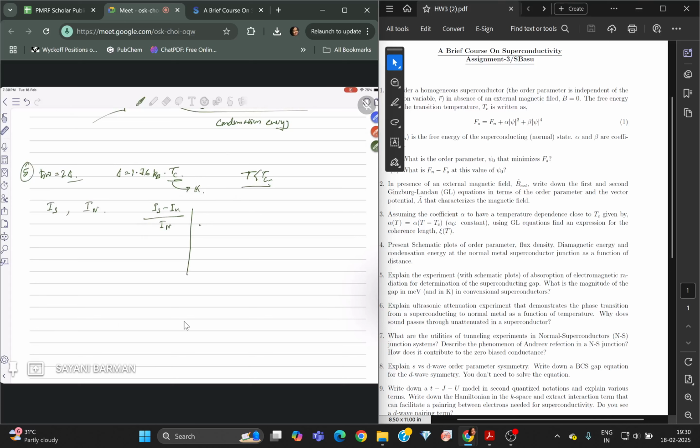So the diagram would be, if this is the frequency, this value is almost fixed at 10 to the power 11, and frequency's unit is Hertz.